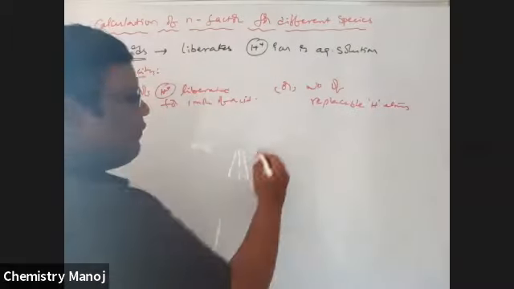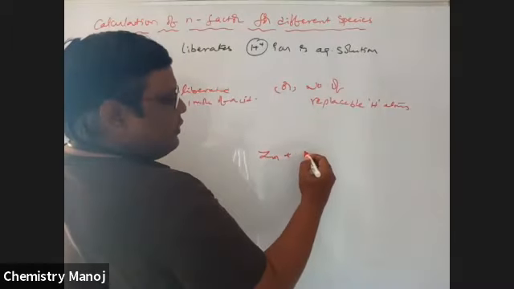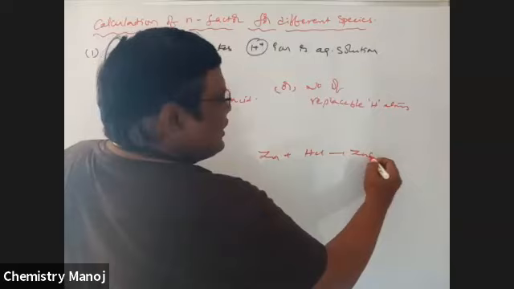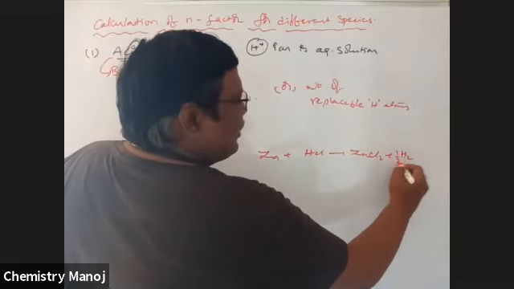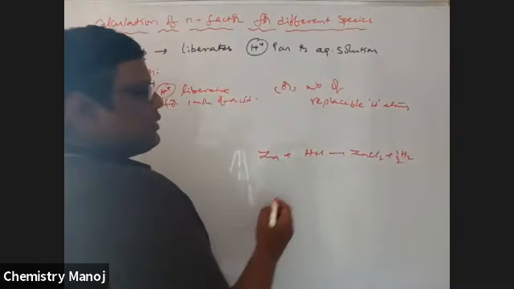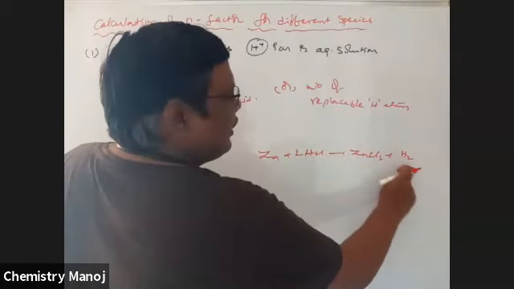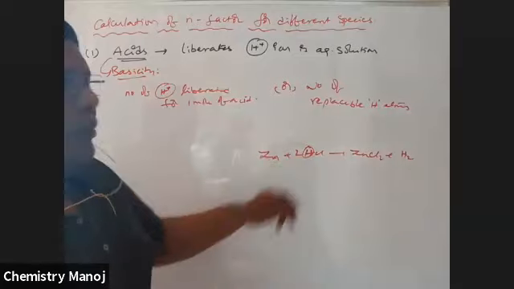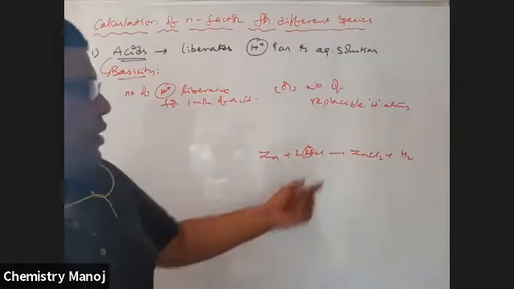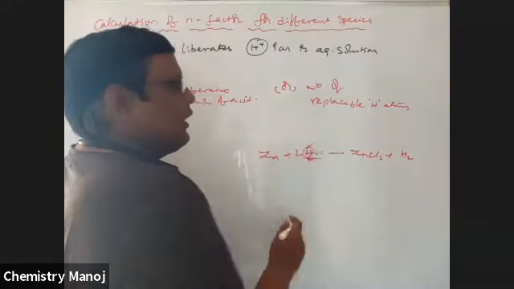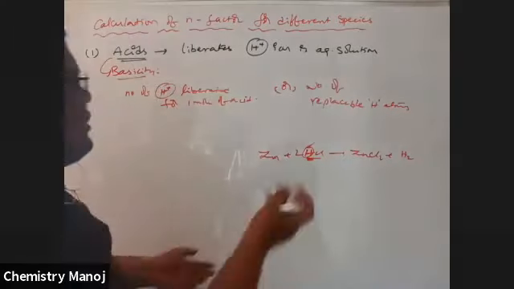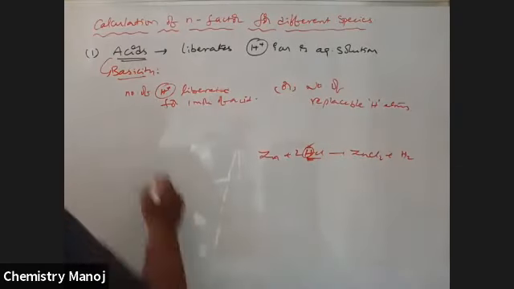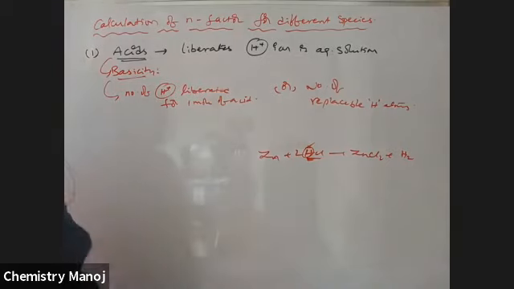For example, when zinc reacts with HCl it gives ZnCl2 plus H2. Here, one hydrogen is replaced. That is the replaceable hydrogen from HCl, only one. Those replaceable hydrogens are the H+ released, whatever the number may be, and that is nothing but the basicity of that acid.